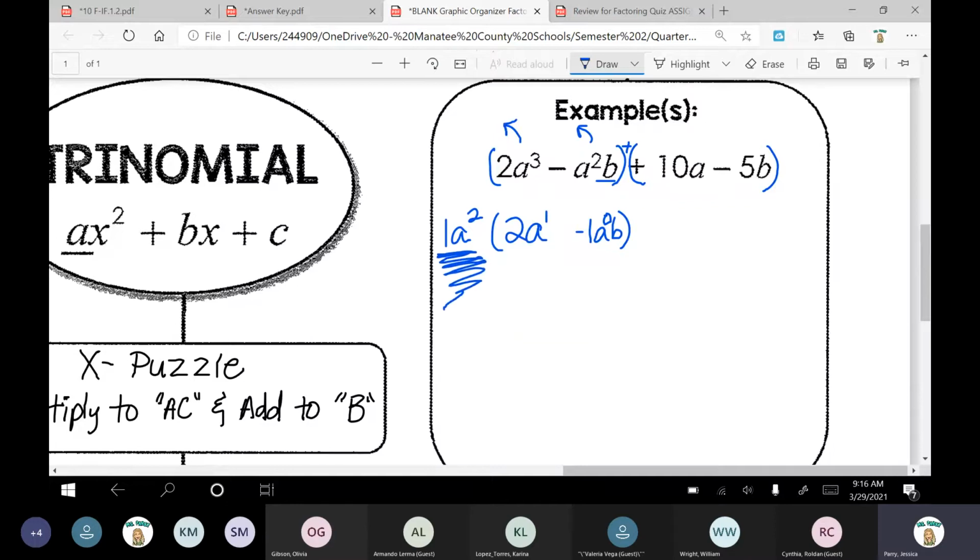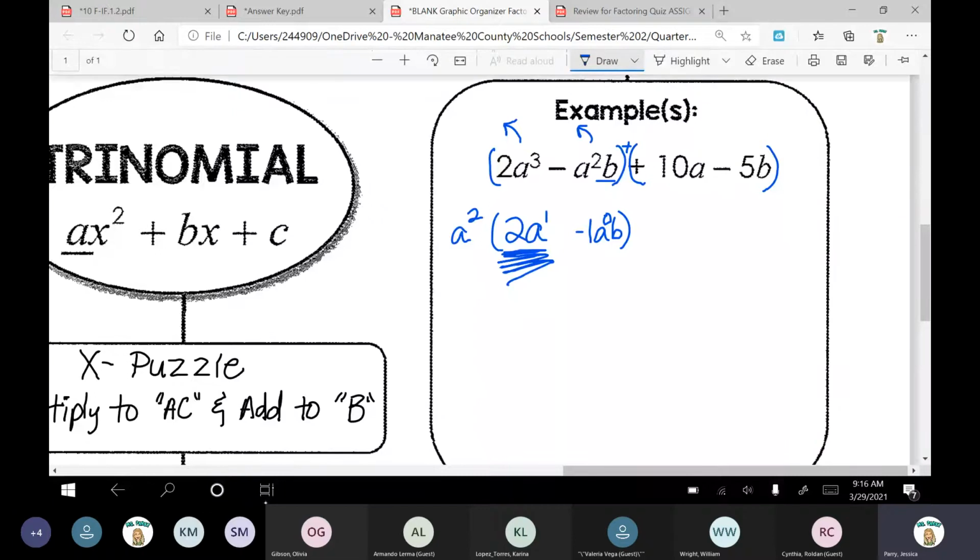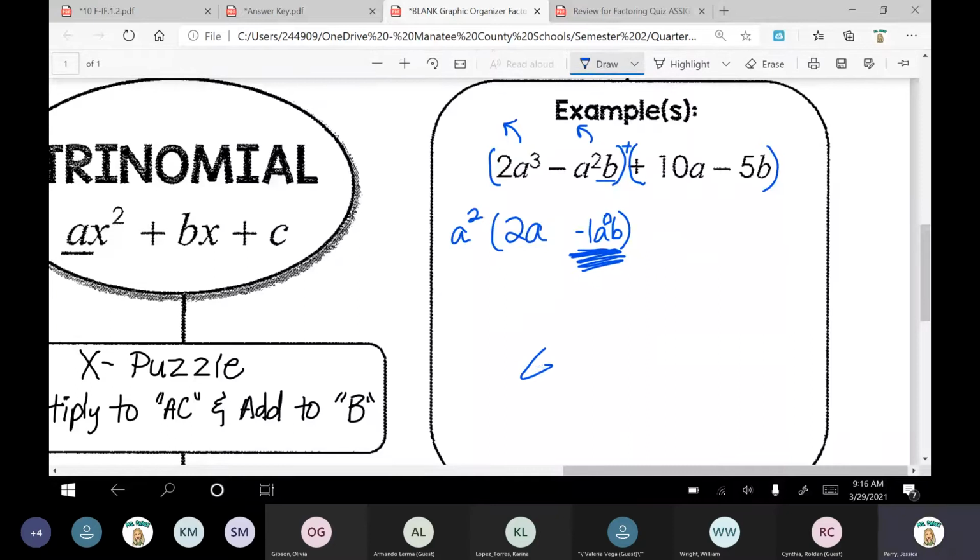My first term here, the coefficient of 1, that's invisible, so I'm going to erase it. My next term here, the exponent of 1 is invisible, so I'm going to erase that 1. And then our last term here, whoops. Let's first look at our a to the power of 0.